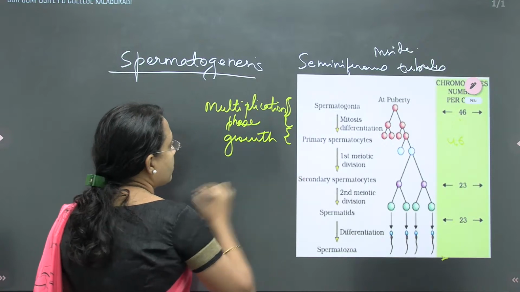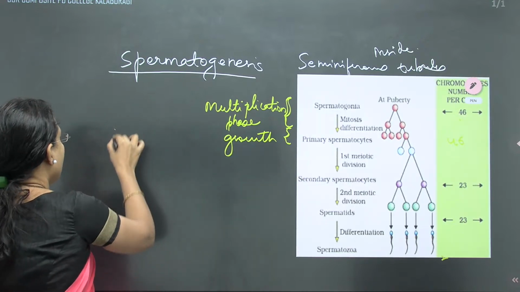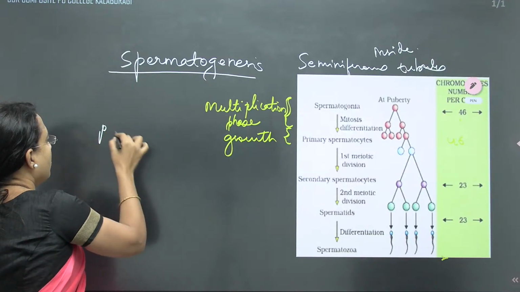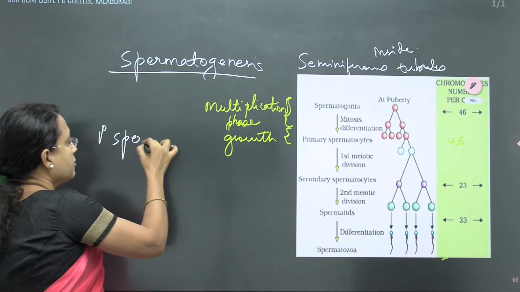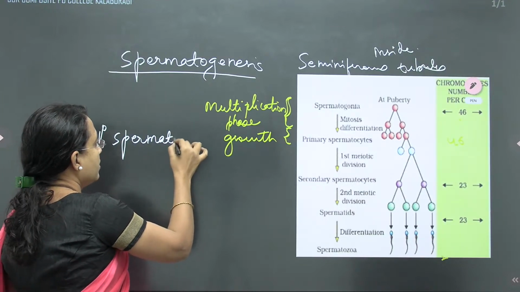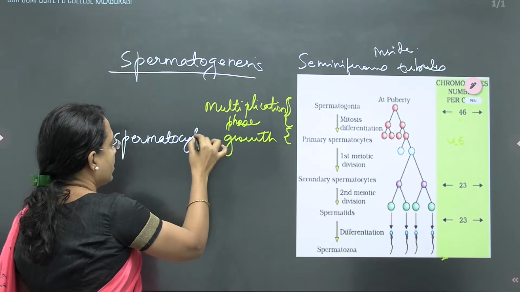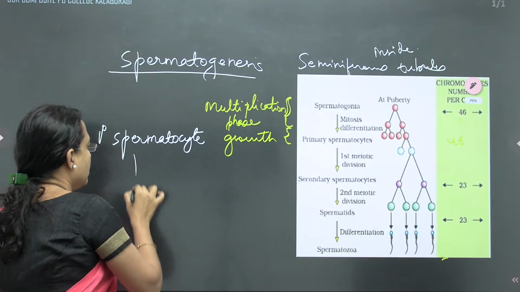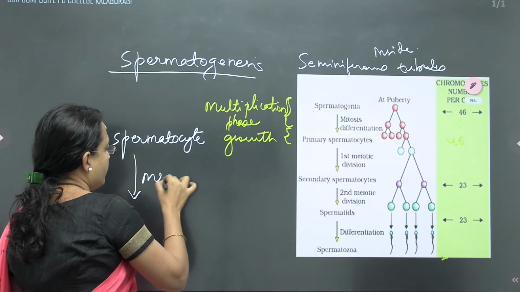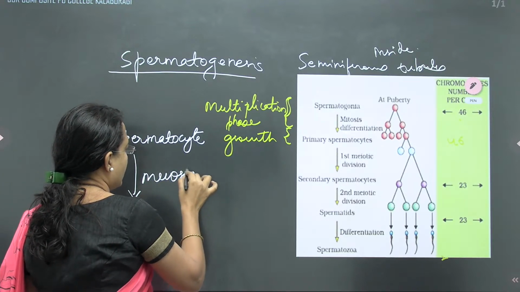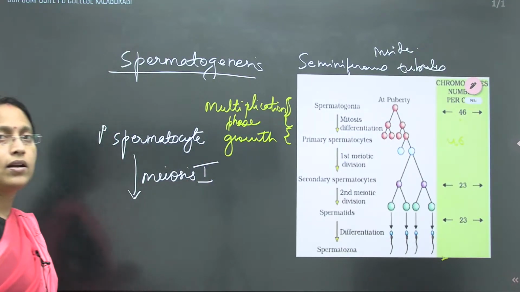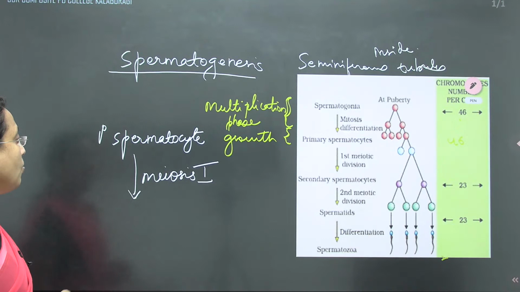So the primary spermatocyte undergoes meiosis 1. Now, what is meiosis 1?